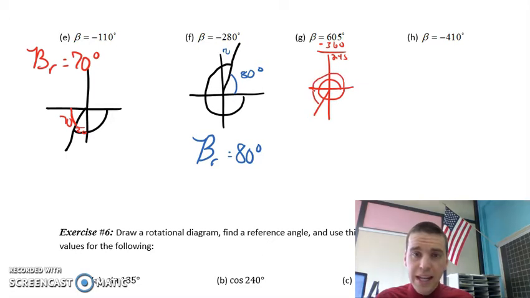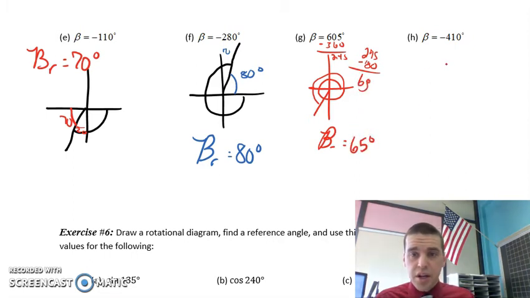If this was 180, how much farther did we go? Well, we got to take 245 and subtract from 180 to get 65 degrees. So again, that's the distance right there, and we know how long that is because we already went that 180 degrees, so we got to subtract from that.